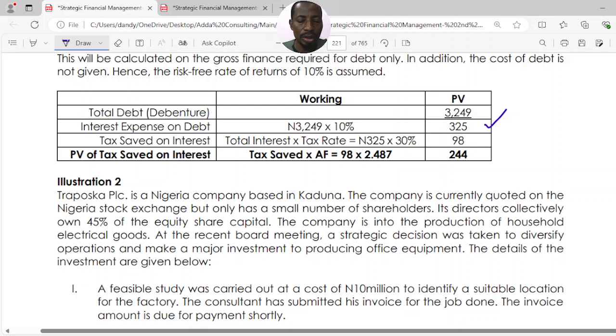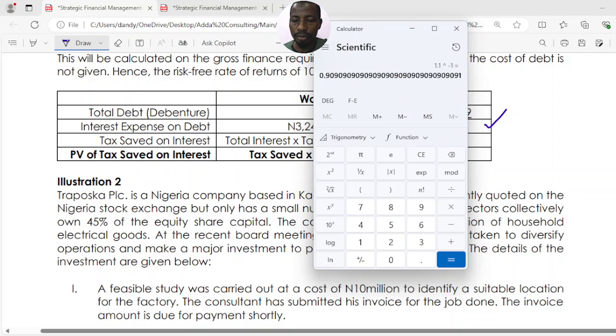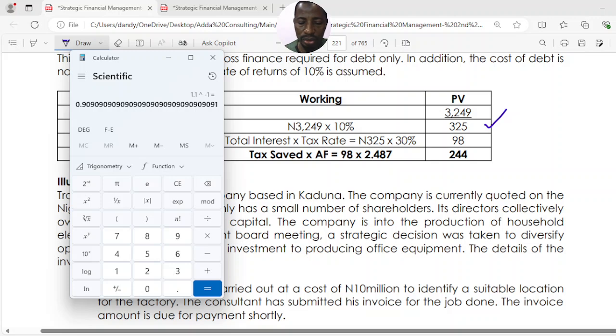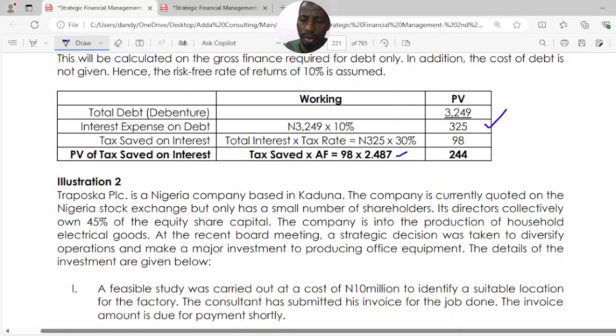Therefore, the last step under this is to calculate the present value of the tax saved on interest, which is tax saved multiplied by annuity factor. The annuity factor for years 1 to 3, since the useful life of this project is 3 years and the cost of capital is 10%, is 1.1 raised to power 3 minus 1, divided by 0.1, which is 2.487.